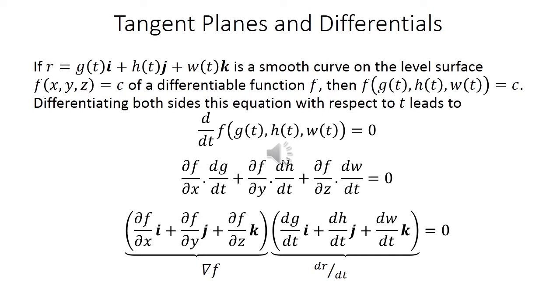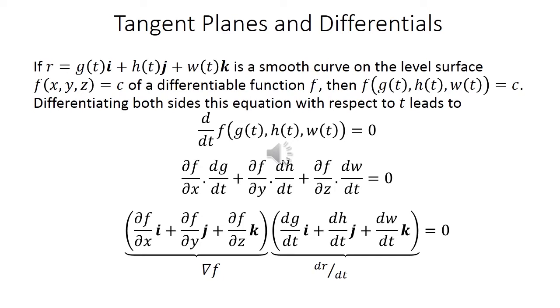As you see in this slide, if we have r of t equals g(t) i plus h(t) j plus w(t) k, a smooth curve on the level surface f(x, y, z) equals c of a differentiable function f, then f(g(t), h(t), w(t)) equals c.